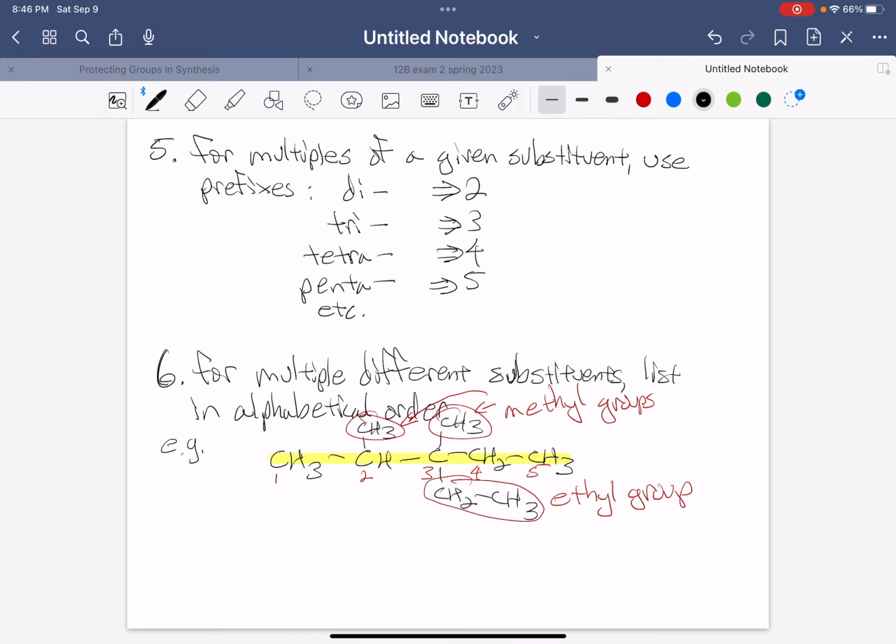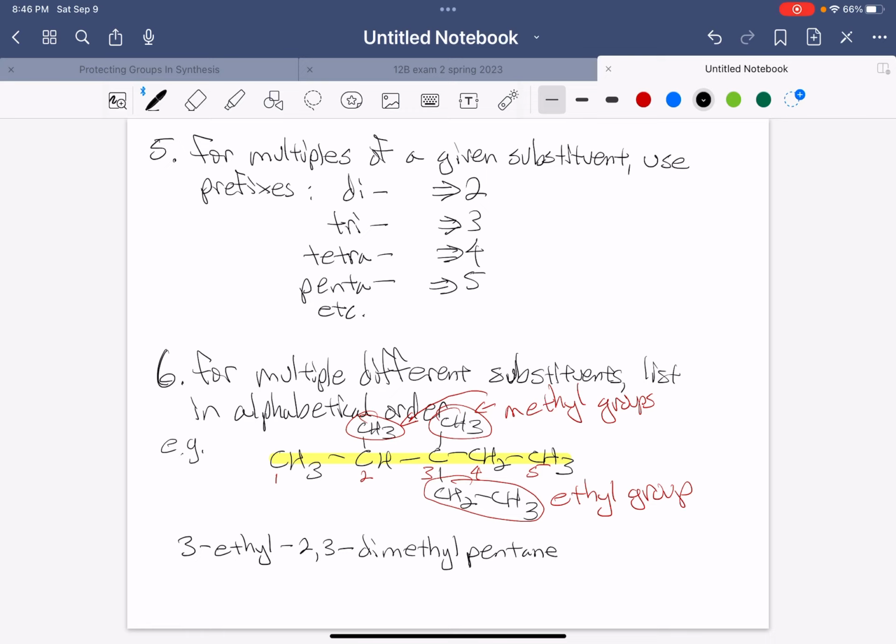So in this case, I know that my root is ane. I've got 5 carbons, so this is going to be some kind of pentane. And I've got an ethyl attached to carbon 3. So I'll start by saying 3-ethyl. And then 2,3-dimethylpentane.